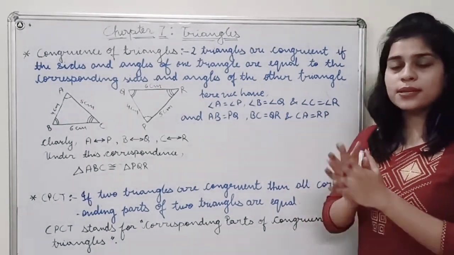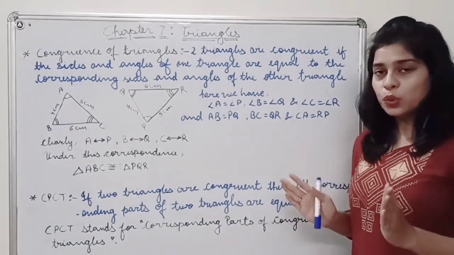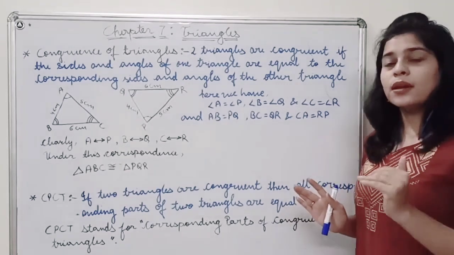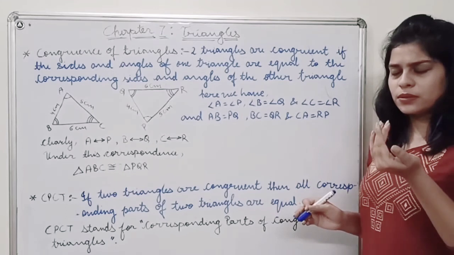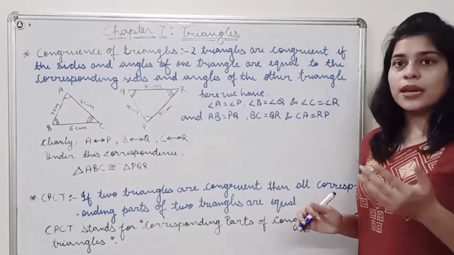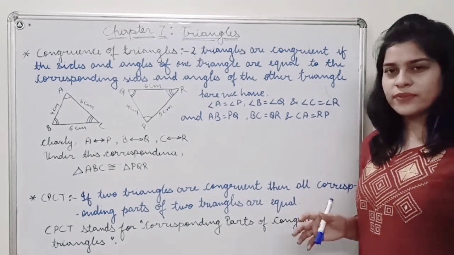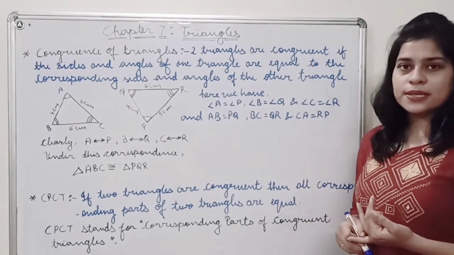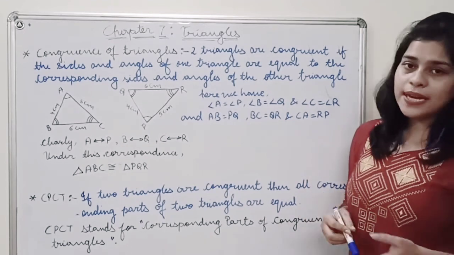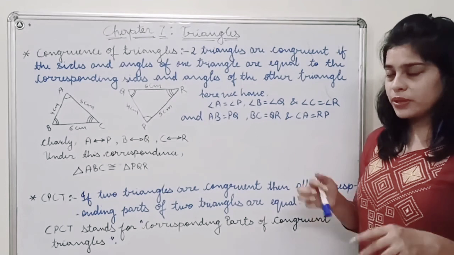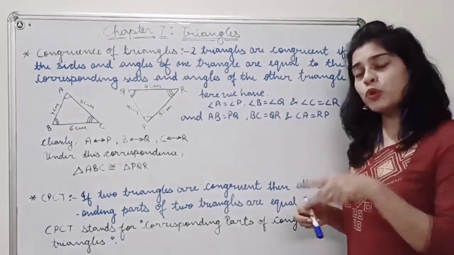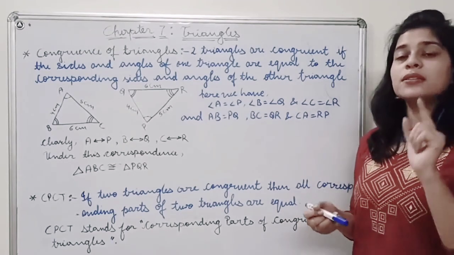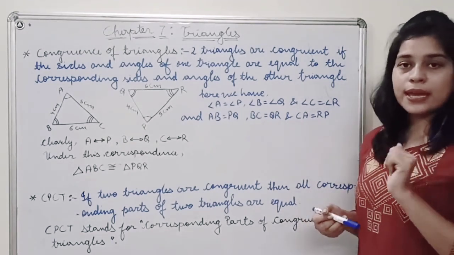If two triangles are congruent under any congruence criteria, like the 3 criteria we have studied in previous classes: side angle side, side side side, and angle side angle. Now in this standard we will study 2 more criteria, which are RHS and angle angle side, AAS.